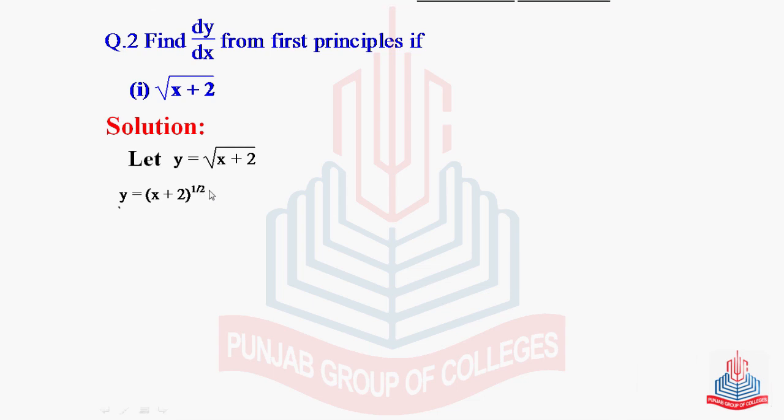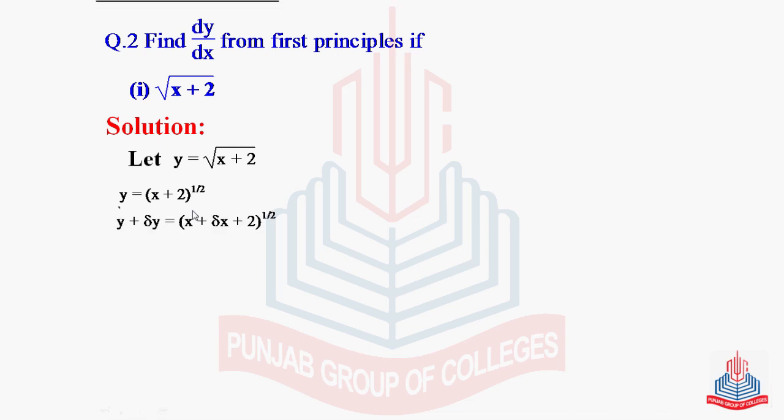You can easily see that this will become the same thing which we already calculated, differentiation of functions like x plus a raised to the power of some integer, some fraction, some negative integer, in our question number 1. So that will become the same thing.